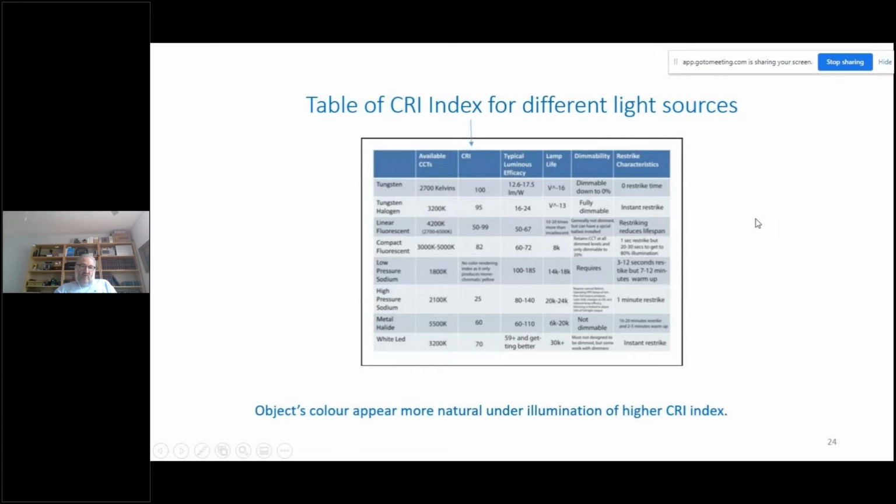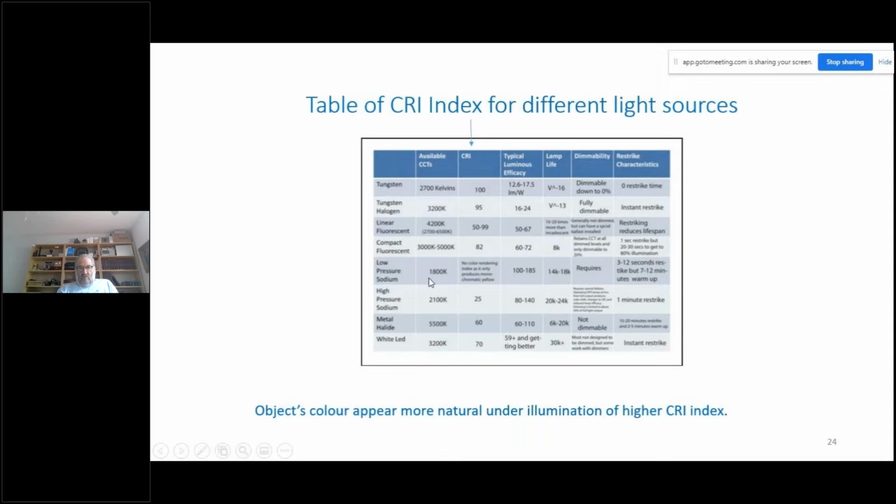So here are some examples of CRI for different light sources. So tungsten lamp, it's a black body source, has a very good CRI of 100. And then you can see fluorescent lamp, 50 to 99, tungsten halogen 95, compact fluorescence 82.